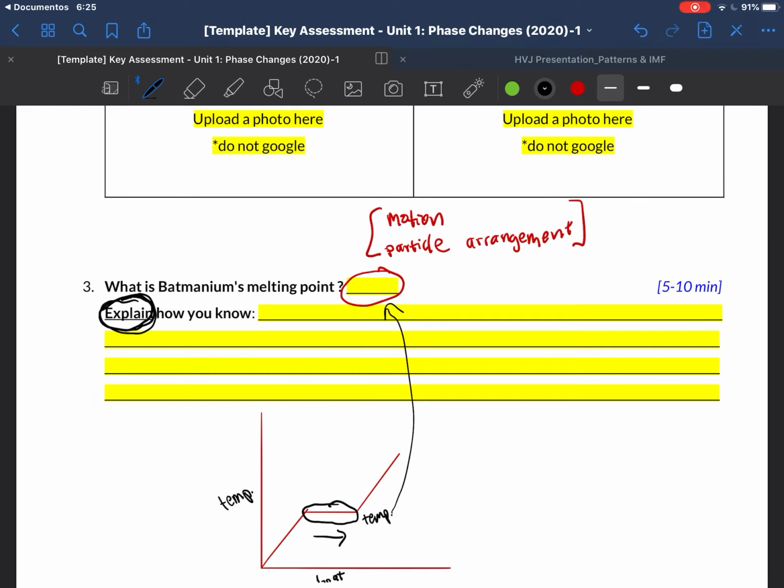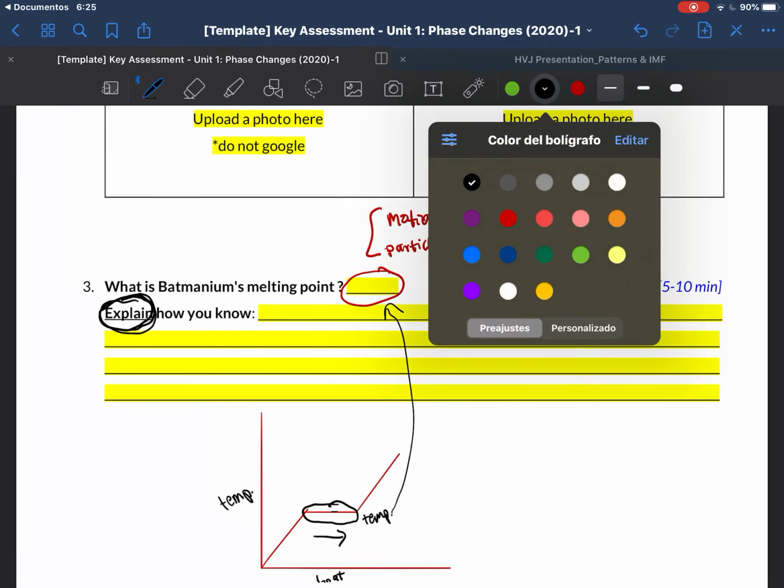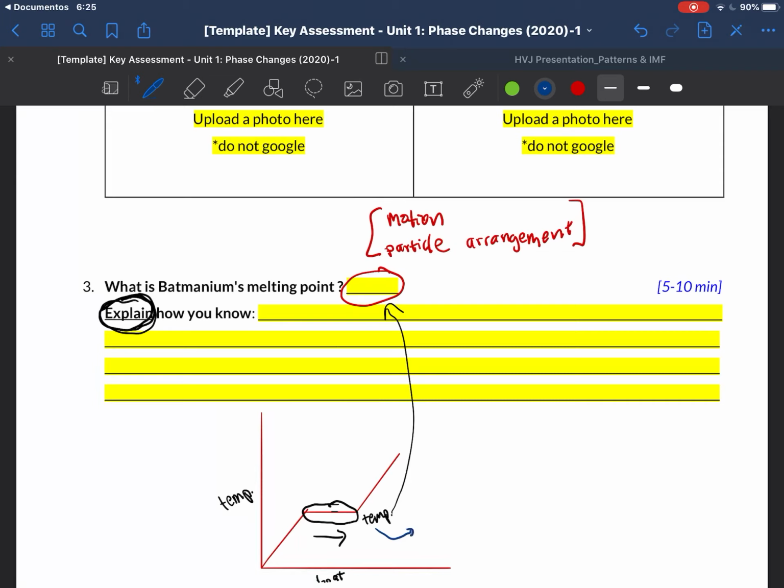So what about this lack of change in temperature gives you indication that it's a phase change? Because the temperature is not increasing, this gives us evidence that the heat energy must be doing something other than making the temperature go up.